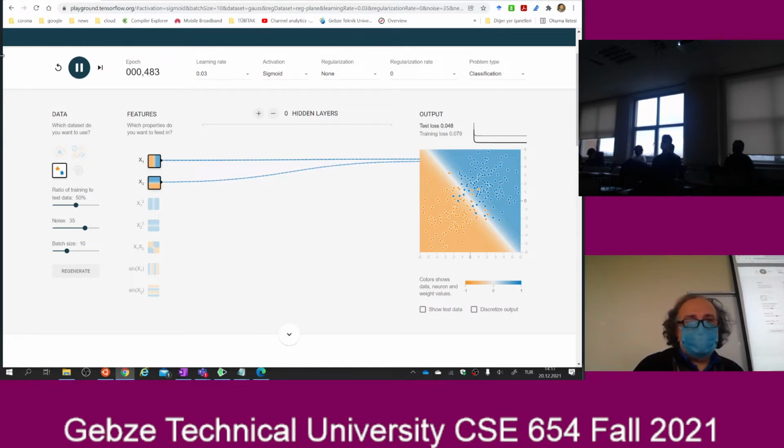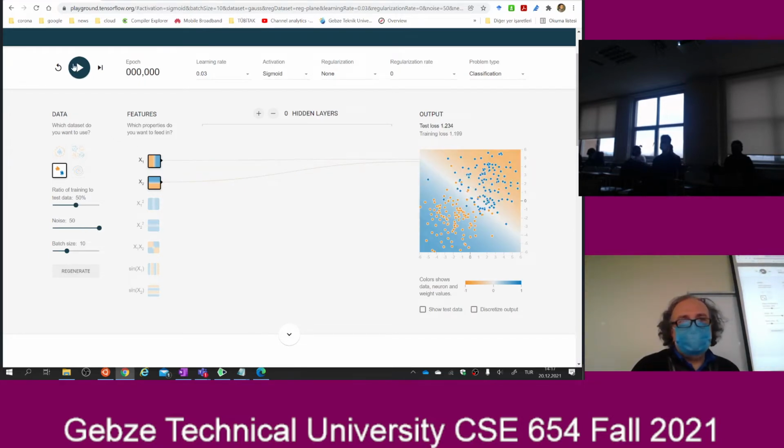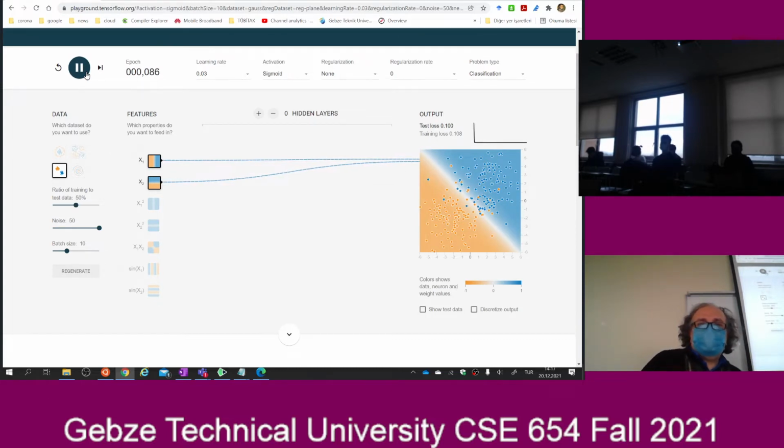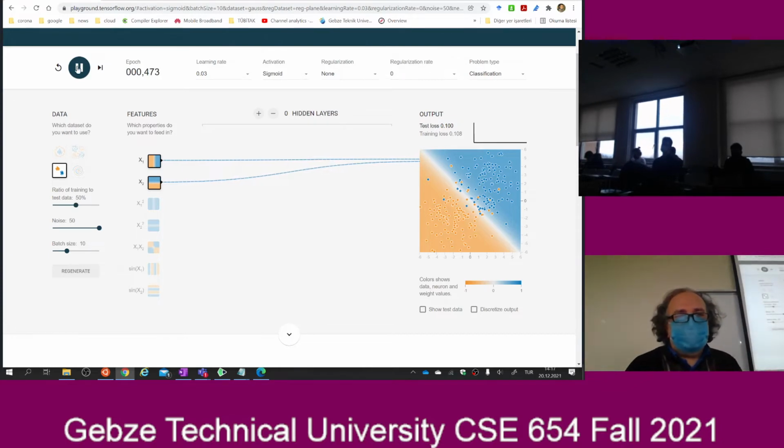I cannot do more than that. And if I increase the noise amount even further, like that, it's going to be 0.1 test loss. There is no way that I can get 0.00 loss value on this one, because whatever you do with a line, you cannot do better than that.